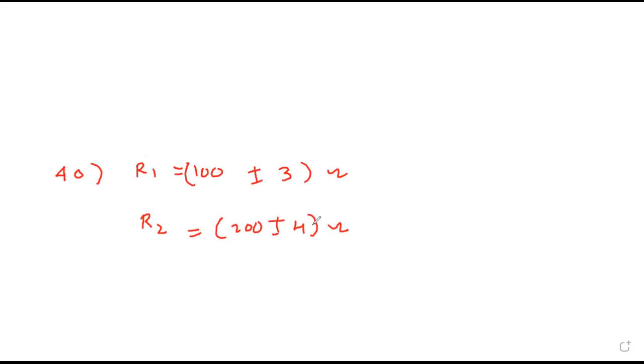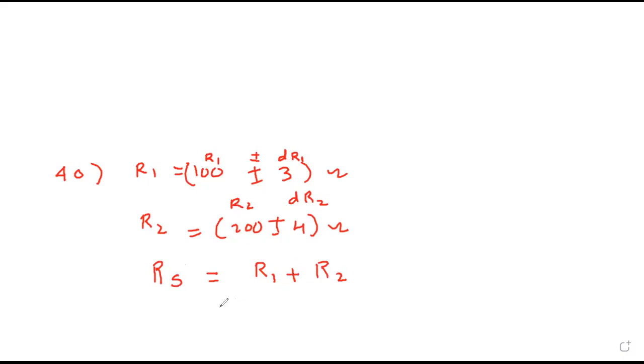We have to find the equivalent resistance in series and in parallel combination. Whenever a value is given like this, it means the actual value, and this is called the error in it, denoted as dR1. What is the formula for two resistances connected in series? It is R1 plus R2.